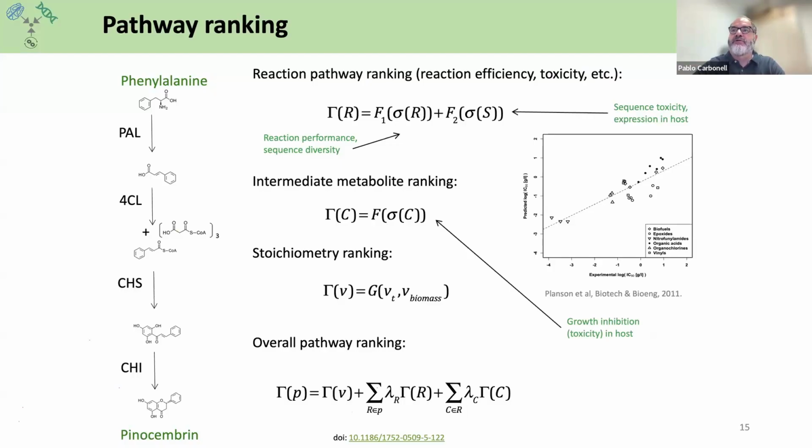We have a tool for predicting this toxicity, or pathways could also be ranked based on stoichiometric calculations. So as you see, it's more like a multi-criteria objective, and we need to be able to weight in the most optimal way the contribution of each term.